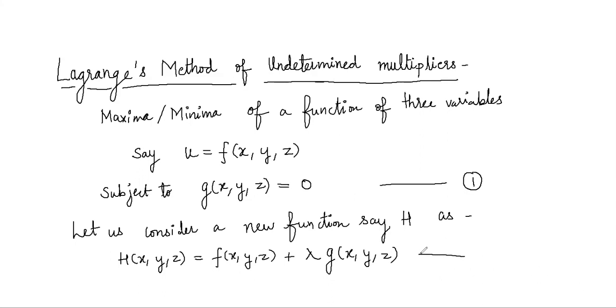Let us name this equation as equation 2. Here this lambda is known as Lagrange's multiplier, and it is non-zero.